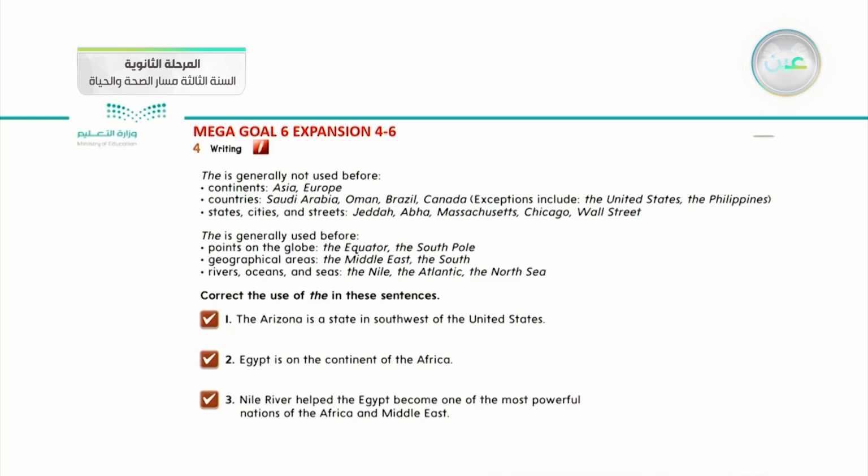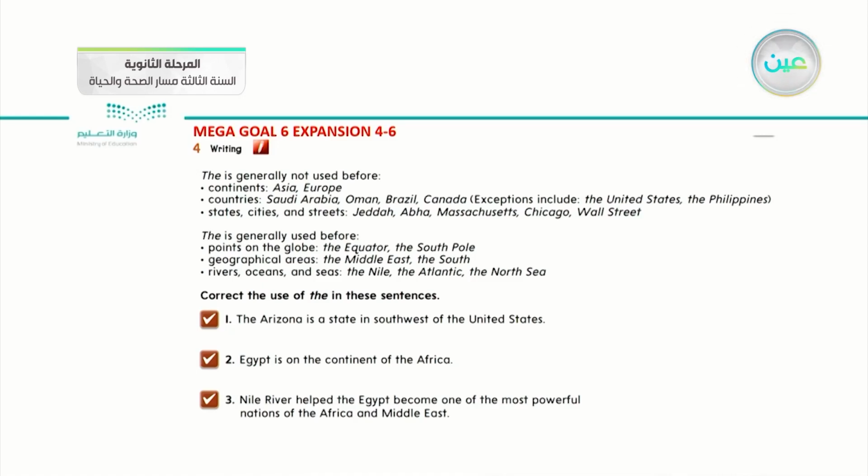Number 2, countries. Saudi Arabia, Oman, Brazil, Canada, but there are some exceptions. What do you mean by exceptions? These exceptions, we can use "the" with, as with the United States, the Philippines, and so on. Cities and states, cities and streets: Jeddah, Abha, Massachusetts, Chicago and Wall Street.